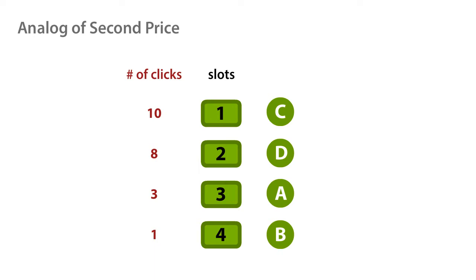What they do is, again, ask people for bids, and I put up some proposed bids here of 8, 7, 5, and 1, order them by bids and assign them to slots, but charge every advertiser not his bid, but in fact the lowest bid he could have bid to keep his slot. That is the next lowest number.